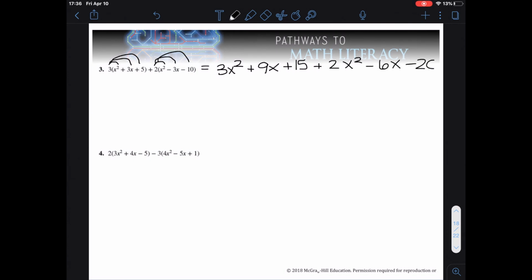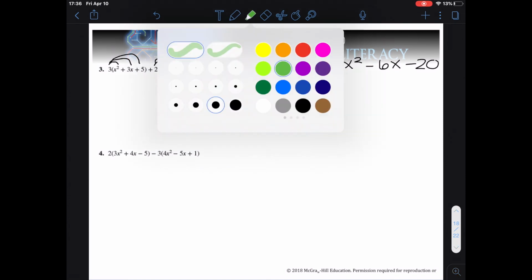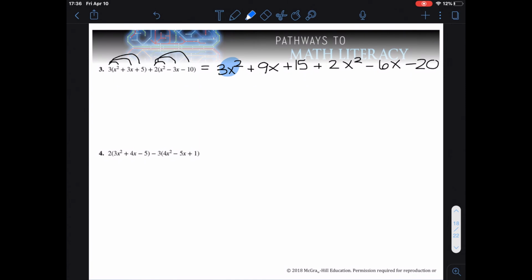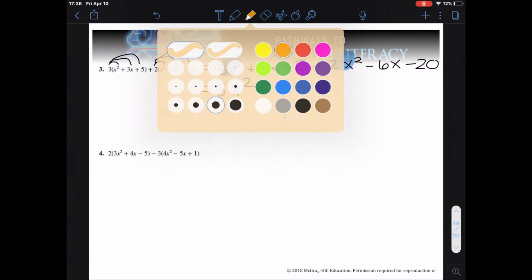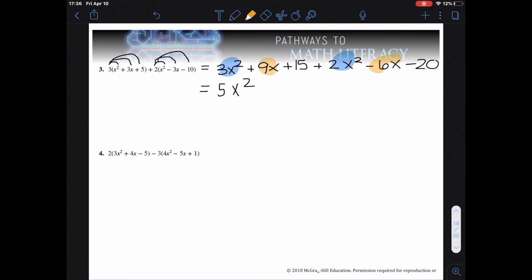And then finally, minus 20 is the 2 times negative 10. So we combine our like pieces. We have 2x squared, 3x squared. We've got 5x squared terms. Then if we look at the x's, we have 9. We're taking away 6. We have 3 of them. And then when we look at the constants, we've got 15 minus 20. So we really have negative 5.